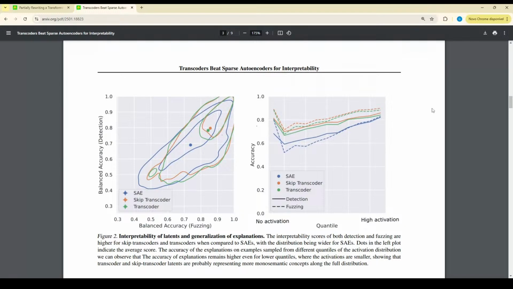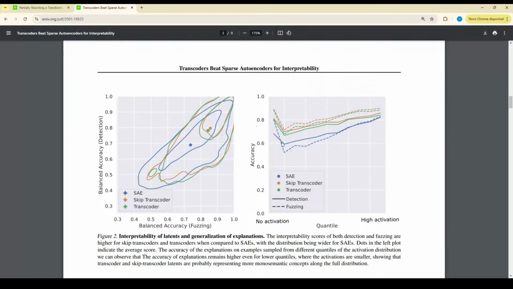So here is the accuracy on examples that are sampled from the highest quantiles of activations, and you see for all the models, the accuracy on these prompts is higher than as you go down and down to almost non-activating.